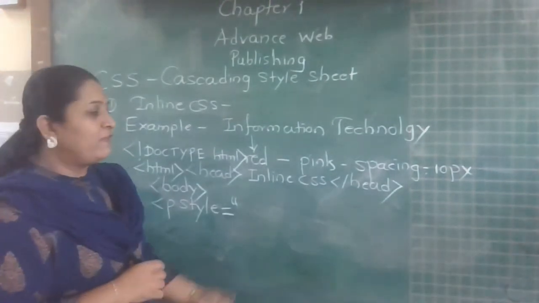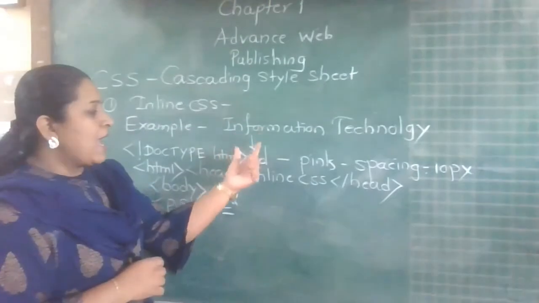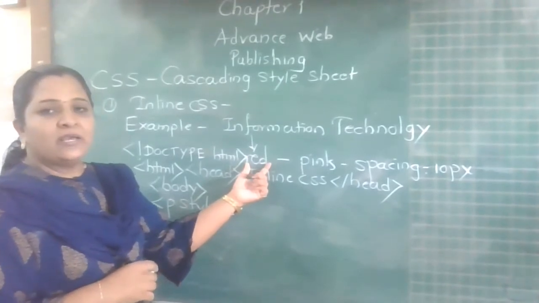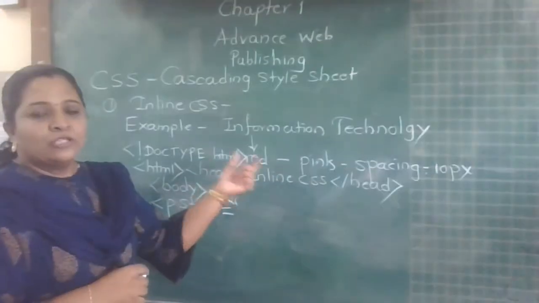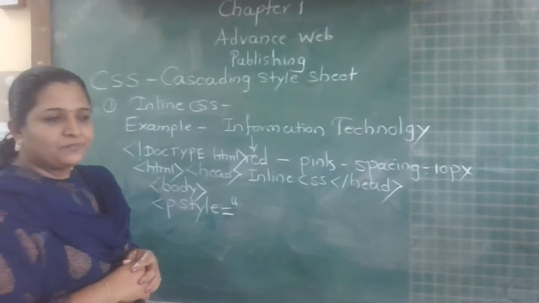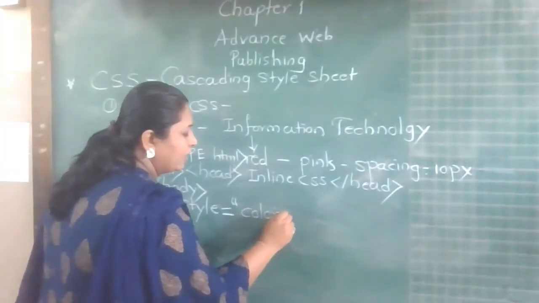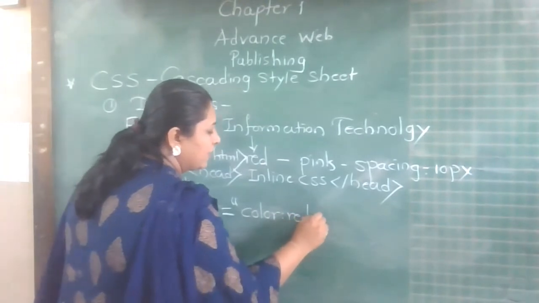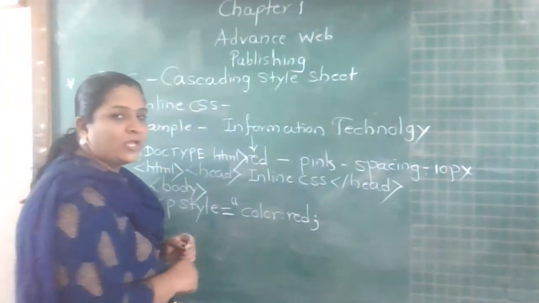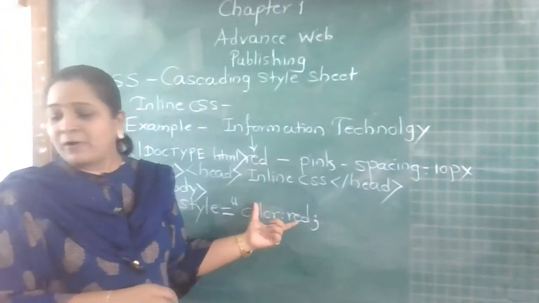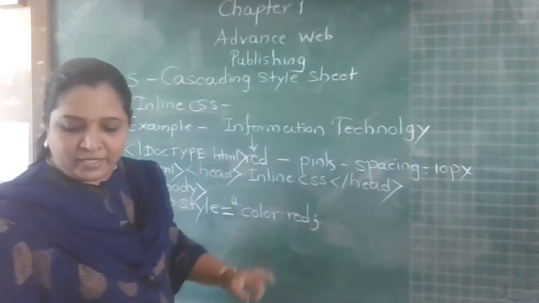So what is my first property? I want to give the text color as red. For inline CSS, the property to give the text color is only color, which is red. Put a semicolon to separate the first property and the second property.